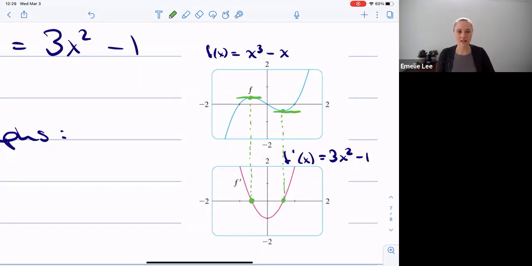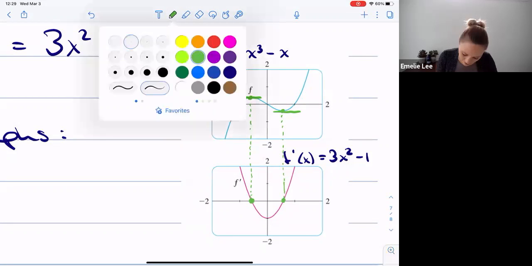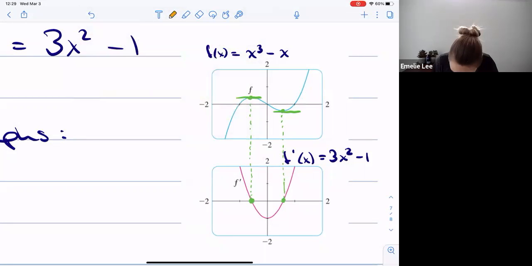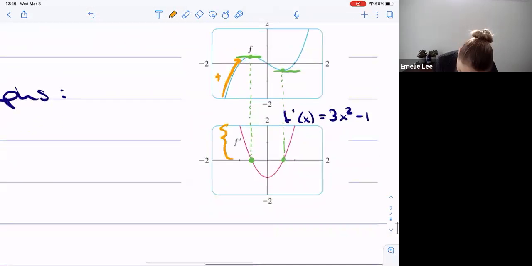And then here I've got a positive slope, which means here the derivative is above the x-axis.